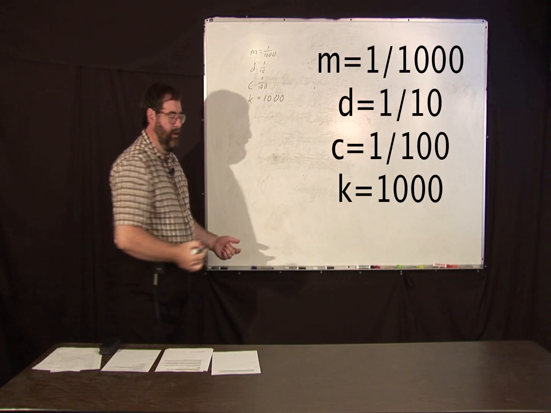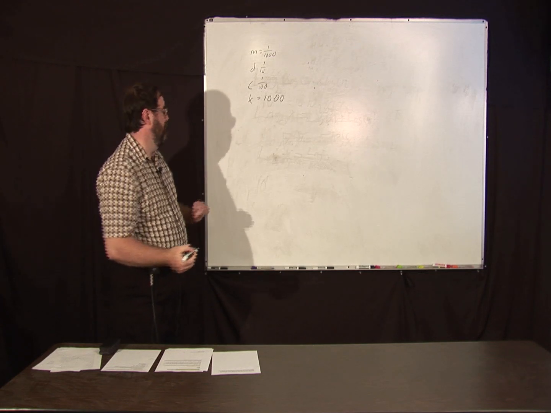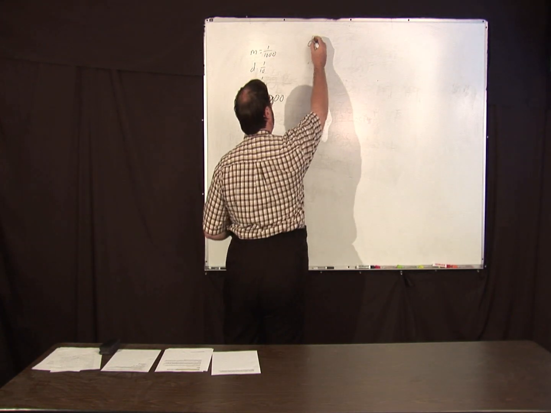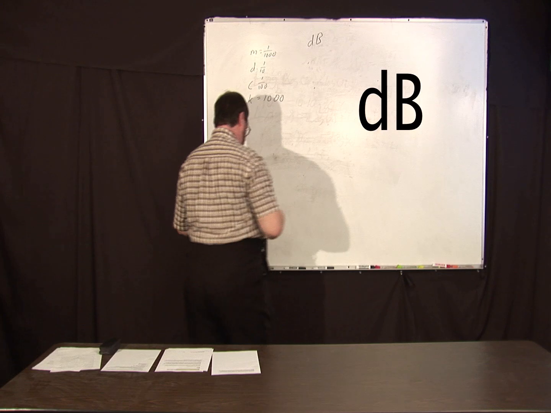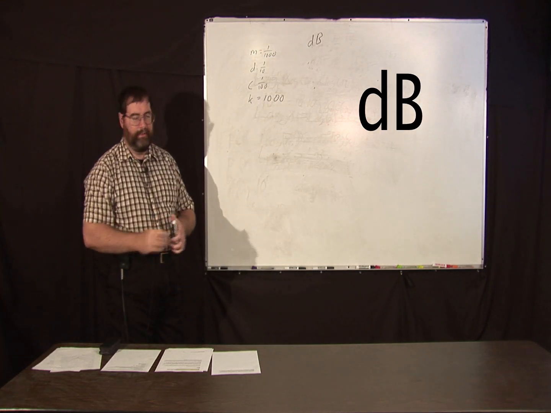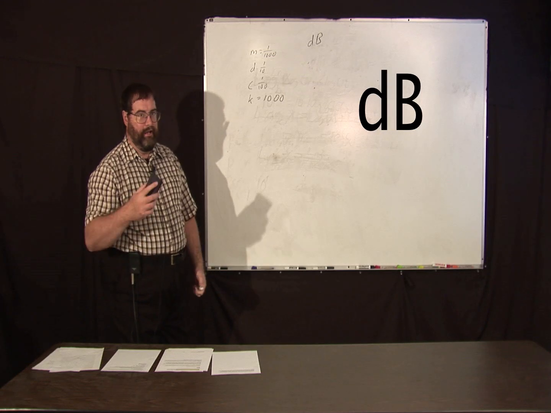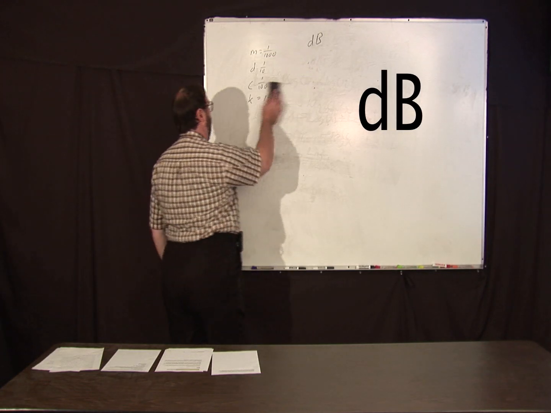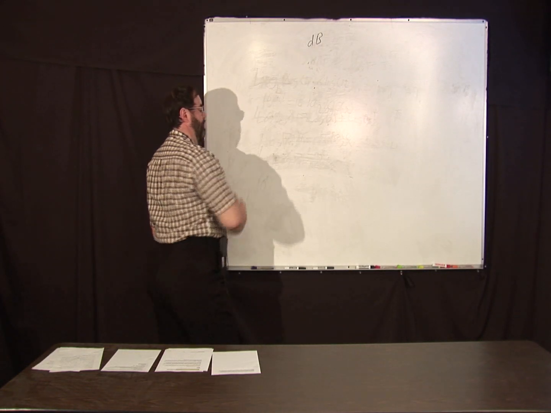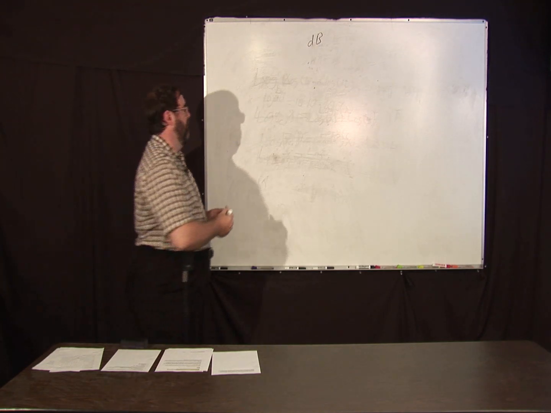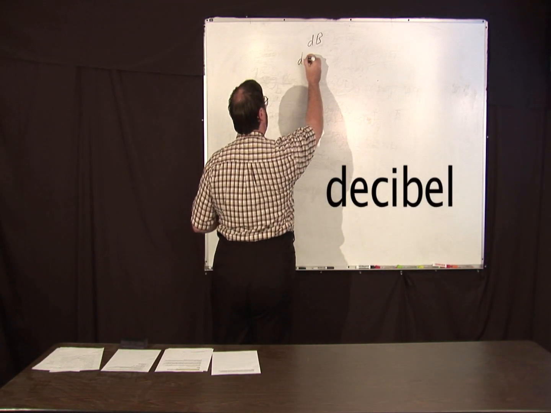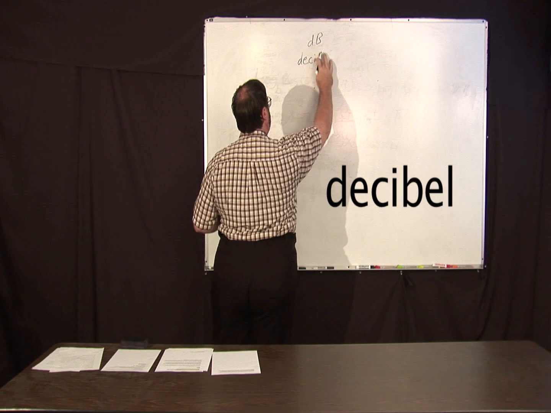So a decibel is just a tenth of a bell, written dB. Small d, capital B, the capital B because it's named after a person. However, when you write out decibel, it's all lowercase.